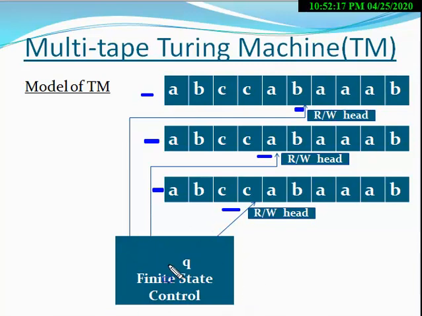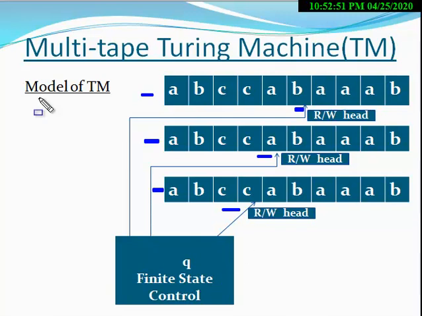All of you know the finite state control consists of a set of transition rules, and these transition rules define the movement of the machine, that is, how the machine can move from one particular combination to the next particular combination. These will be decided by a set of transition rules, which exist in the finite state control, right?